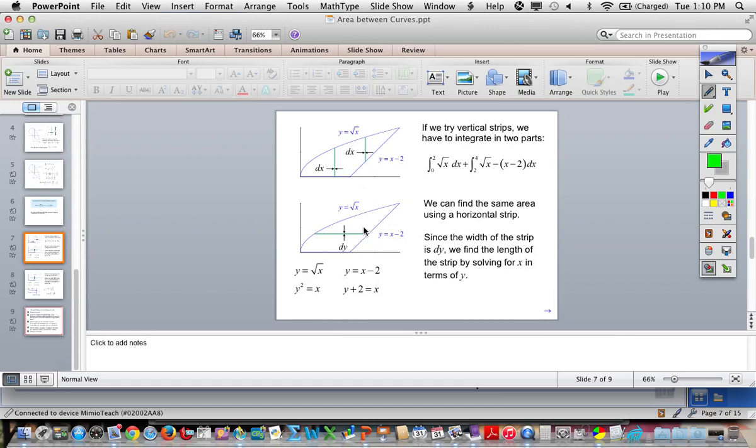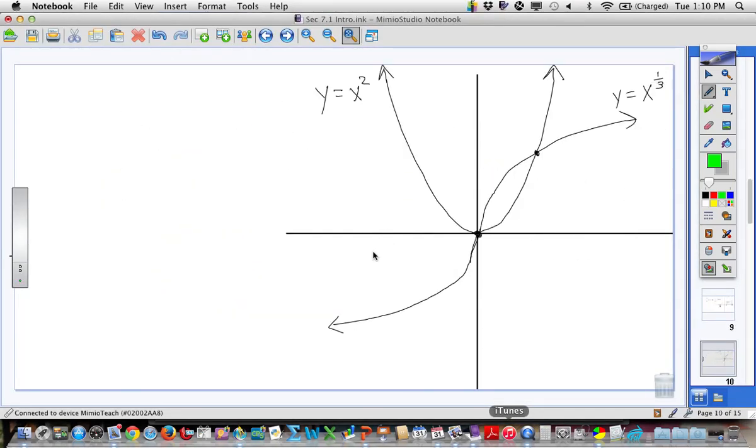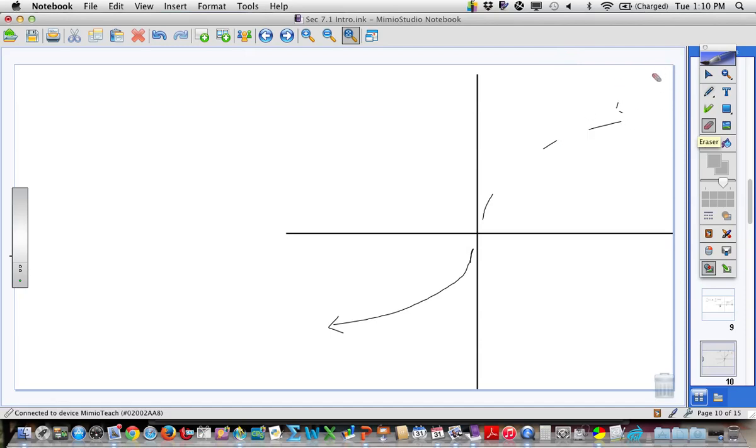So here's a region. We've got square root of x, like this, and we've got the line y equals x minus 2. So if I was to graph this, let's go over here and do this one.